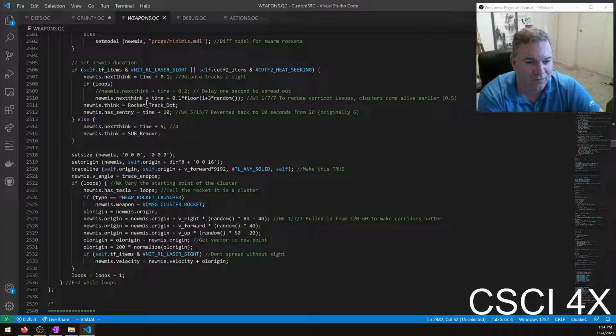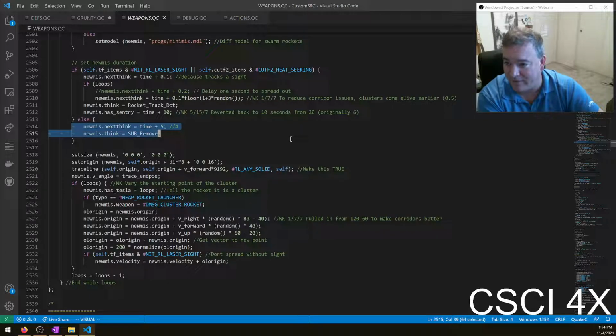Okay, so laser sight. If we have the laser sight upgrade, then it will set the think on the rocket to be rocket track dot. If we don't, the rocket's think just takes place in 5 seconds, and it thinks to remove itself.